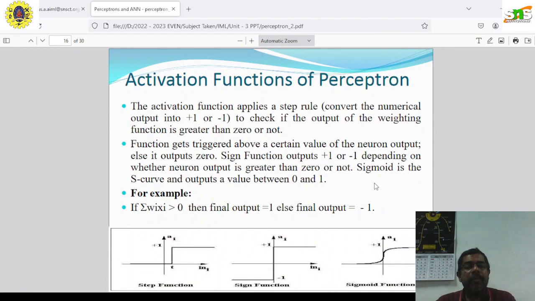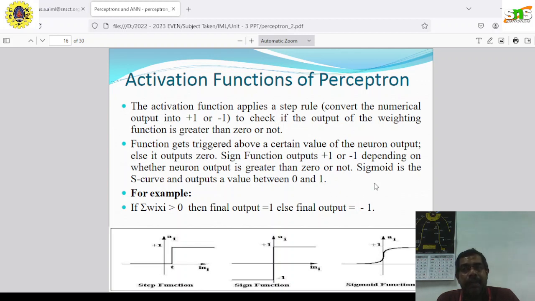Now we have to see what the activation function of the perceptron is. Already we have three stages in the perceptron, which we studied earlier. First, we have the inputs, and second, the appropriate weights, ranging from w0 to wm.